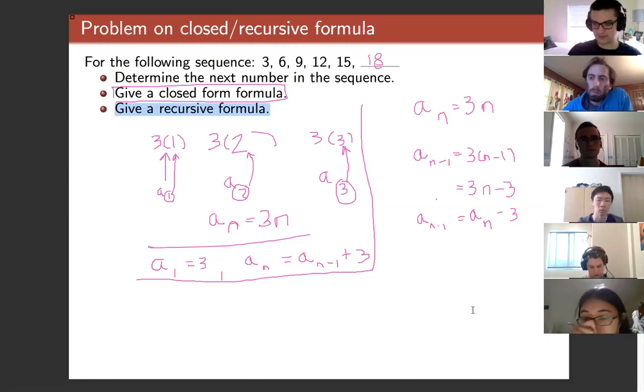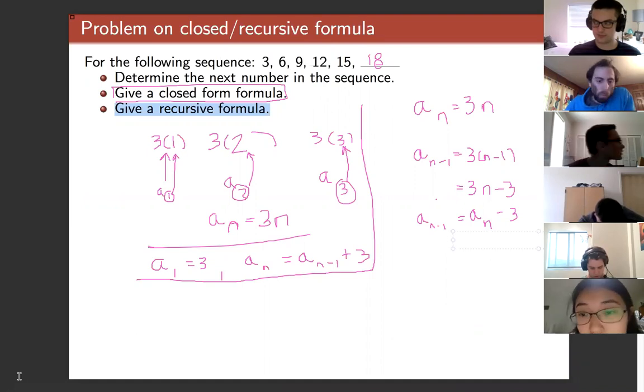Here we have an equal to 3n, and we have an minus 1 equal to 3 times n minus 1. Can we simply use an minus an minus 1 equal to 3? Yeah, and that's basically what we did here.